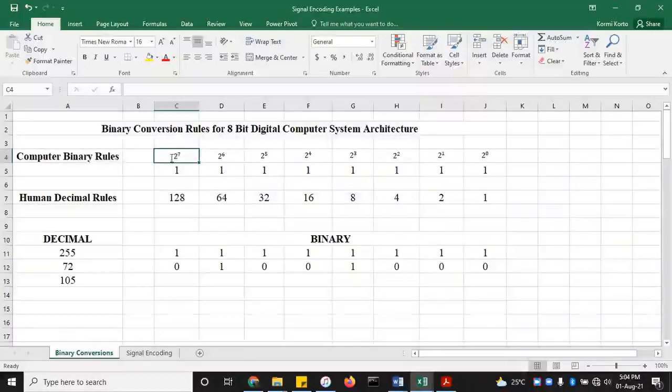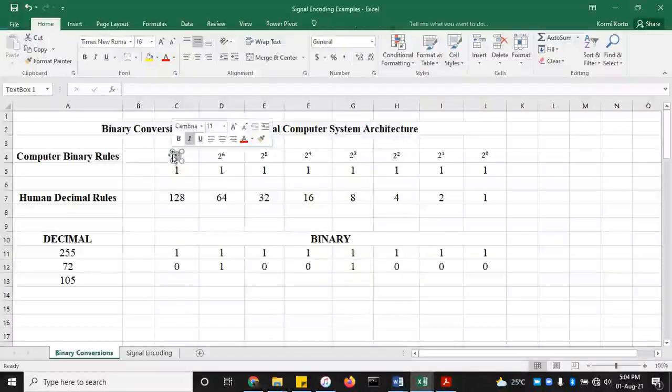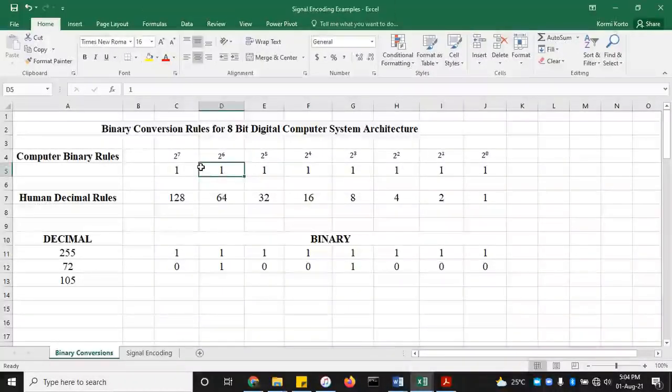The 2 just means that you have a binary sequence in 2 states. So for the computer binary rules, 2 denotes the binary 0 and 1, and the counting starts from 0 and ends at 7 for an 8-bit sequence, because 0 is also considered a count.